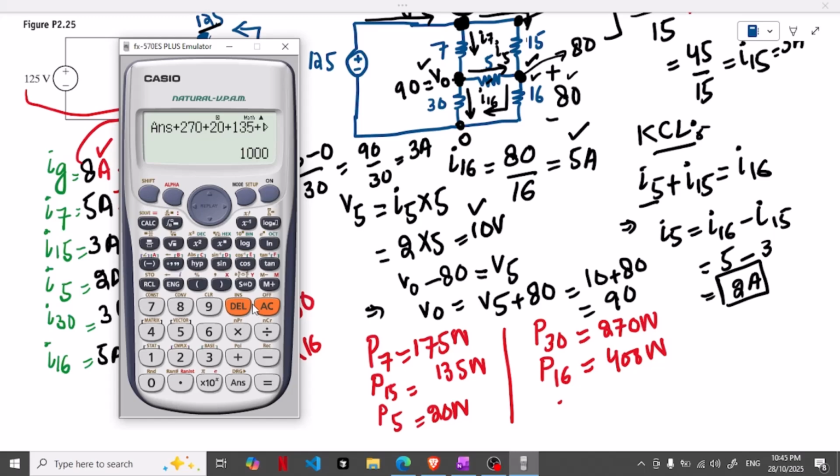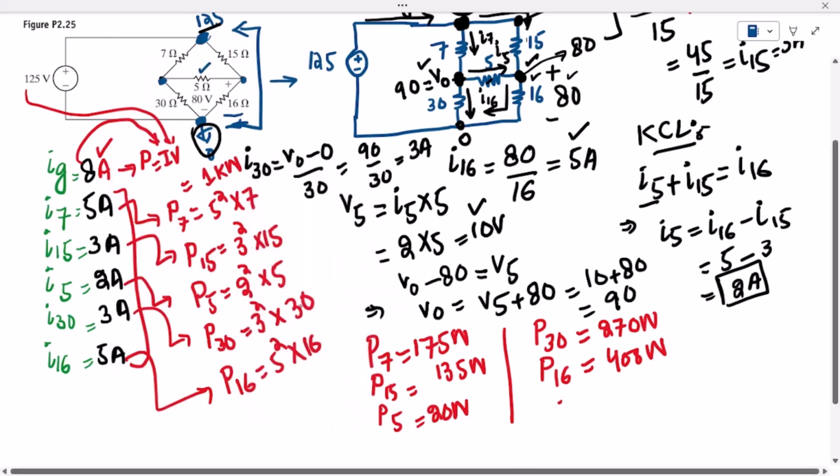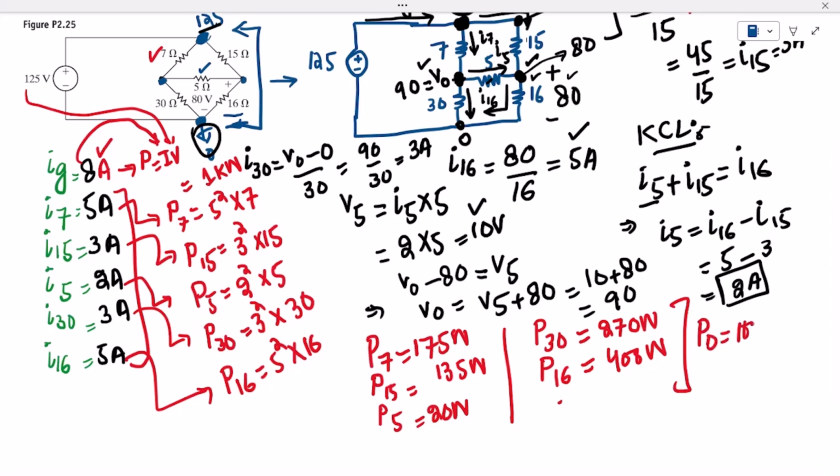The answer is 1000, which is the total power consumed or dissipated by all these resistors. Adding them all together, the dissipated power is 1000 watts, which is part A.